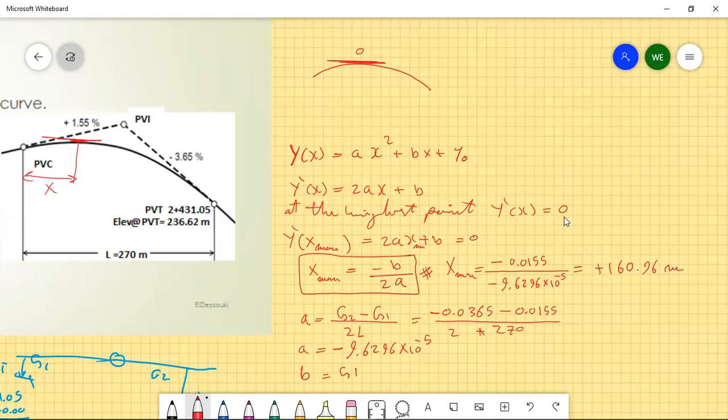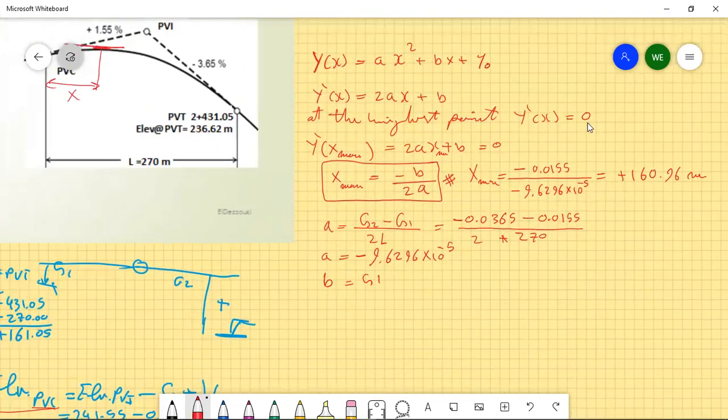Let's make a sanity check. Let's use the a that we got and the G, and let's check on y, the elevation of the BVT. The x for the BVT is going to be L. We want to make sure that our coefficients are correct, so we need to get the elevation at this point.